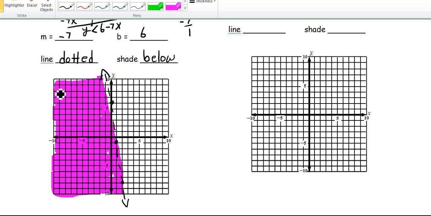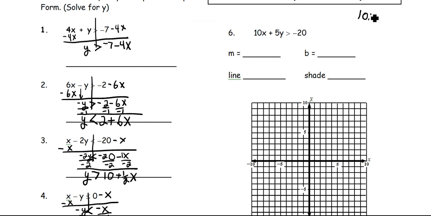And what I'm going to do is rewrite it up here so I have a little more room. 10x plus 5y is greater than -20. Now we can't fill any of this out until we've solved for y. So I'm going to move my 10x.